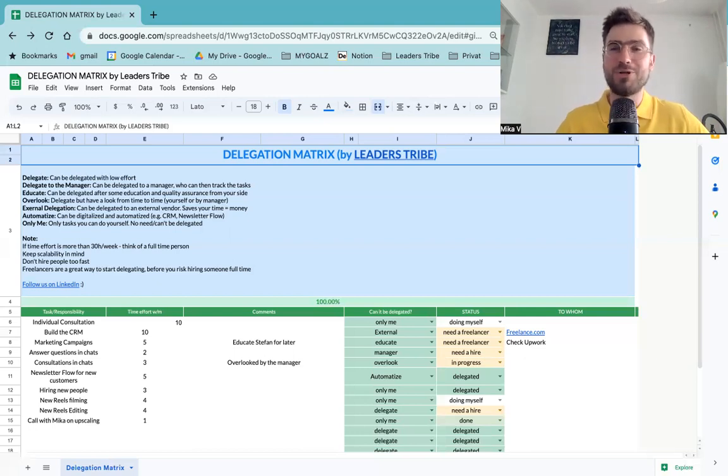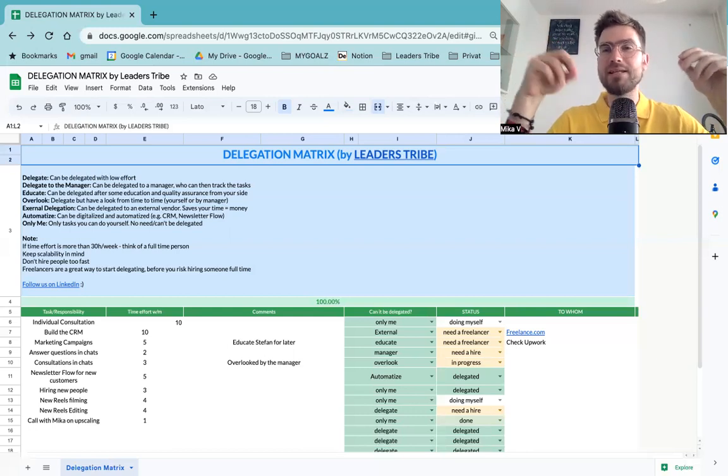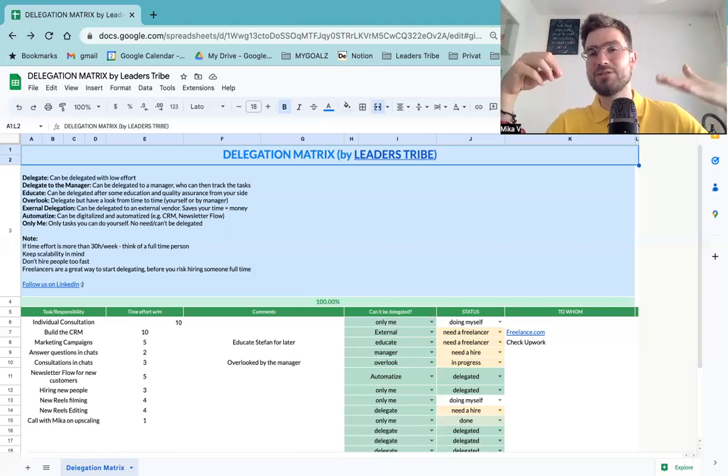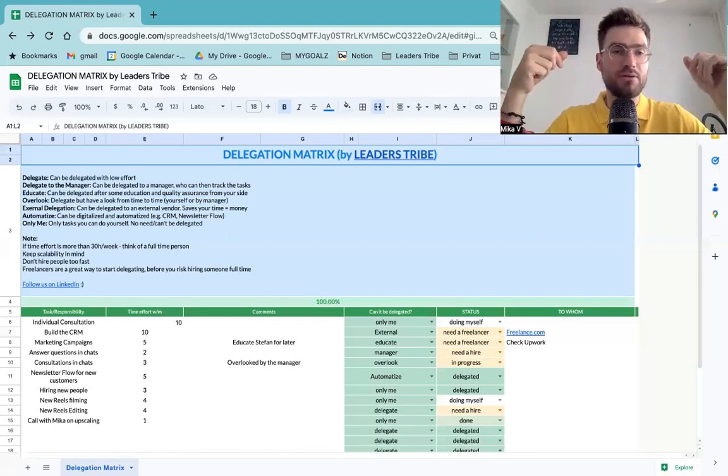If we're very honest, without all the social media distractions and so on. So if it's more than 30 hours of task per week, you can think of a full-time person. Keep the scalability in mind. If you're delegating some things, then delegate those that are the easiest to delegate, that require the lowest mind effort, so that you can focus on other things.